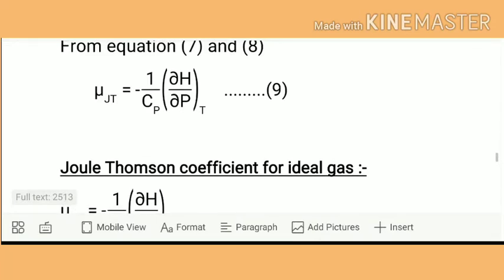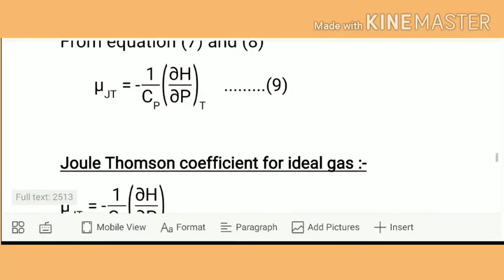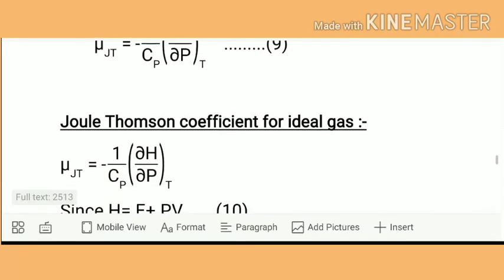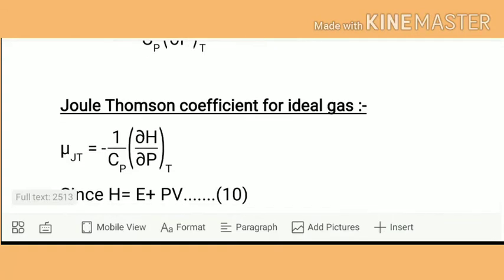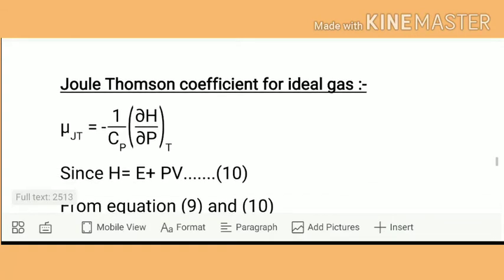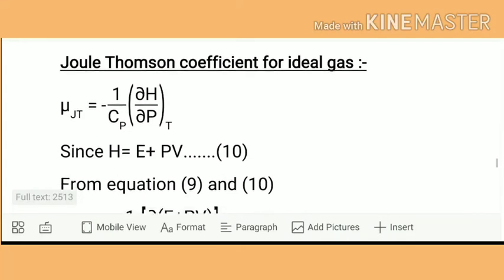This is the point to be noted: the Joule-Thomson coefficient for the ideal case. We want to calculate the Joule-Thomson coefficient. What is the value of the Joule-Thomson coefficient for the ideal case? We know that the formula of the Joule-Thomson coefficient is mu JT is equal to minus 1 upon Cp del H upon del P at constant temperature.